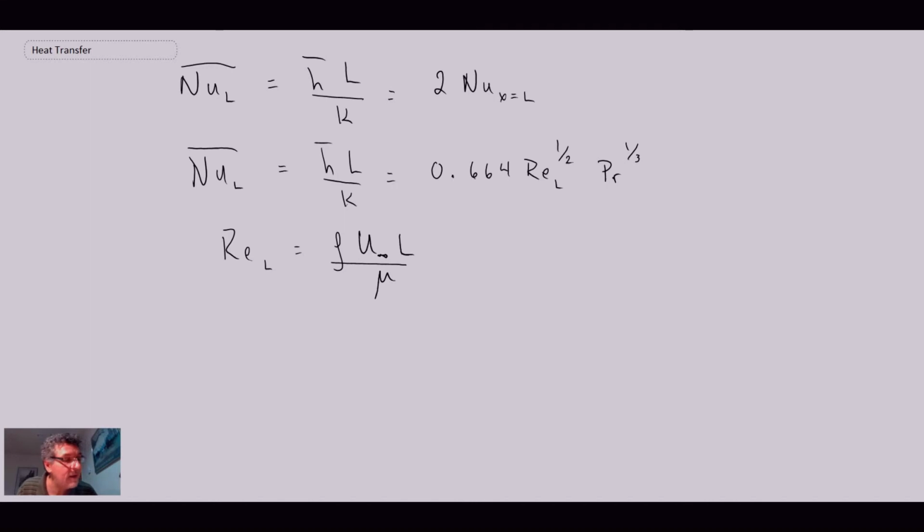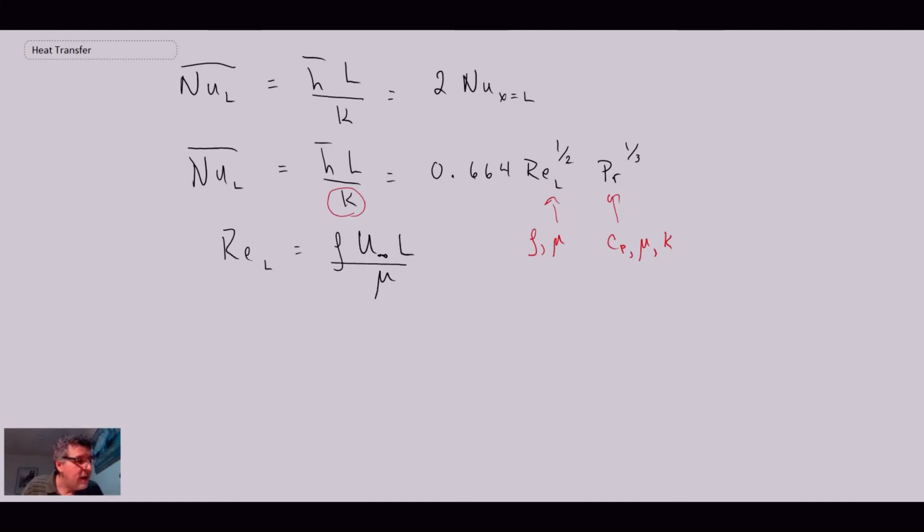Mu is the viscosity of the fluid. Now, you'll notice in these equations we have a number of things going on. We have the Prandtl number, the Reynolds number, and our thermal conductivity. Within the Reynolds number, we have the density and the viscosity, and within the Prandtl number, we have C sub P, again viscosity, and thermal conductivity.